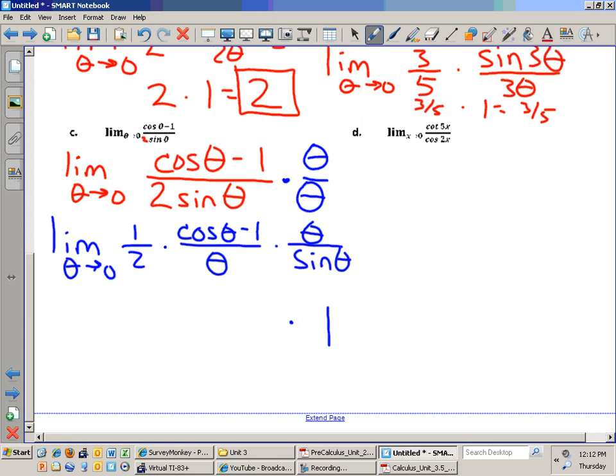Okay, I have the 1/2 in front. What is the limit as theta approaches 0 of cosine theta minus 1 over theta? 0. So I get 0. A very good chance that they will always be 0.